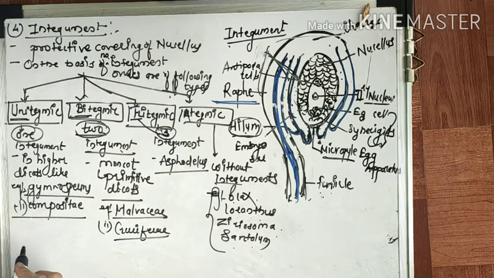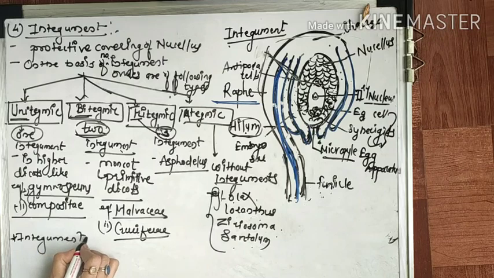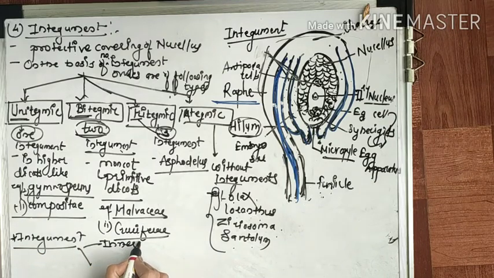These integuments have two regions, inner and outer. The inner region of the integument nourishes the developing embryo sac.